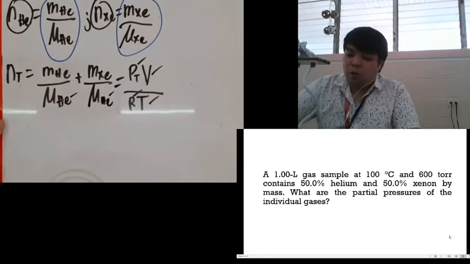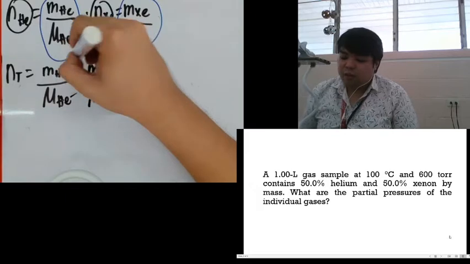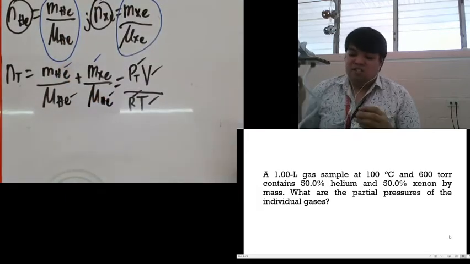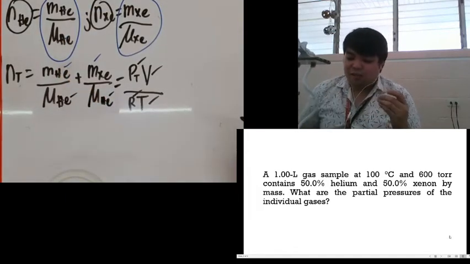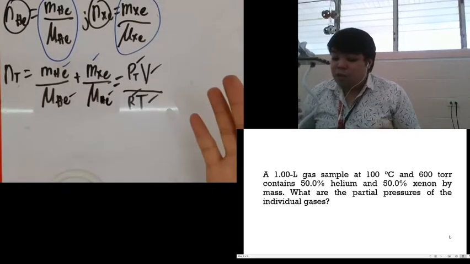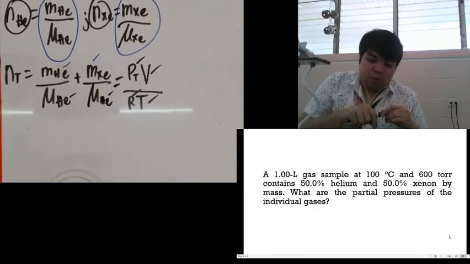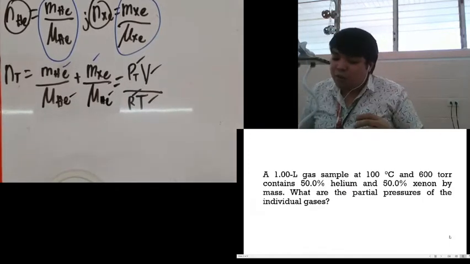But we don't know this one and this one and this one. Okay, right? Now that makes things seem complicated because we have only one equation and two unknowns. So that makes it seem unsolvable, right?